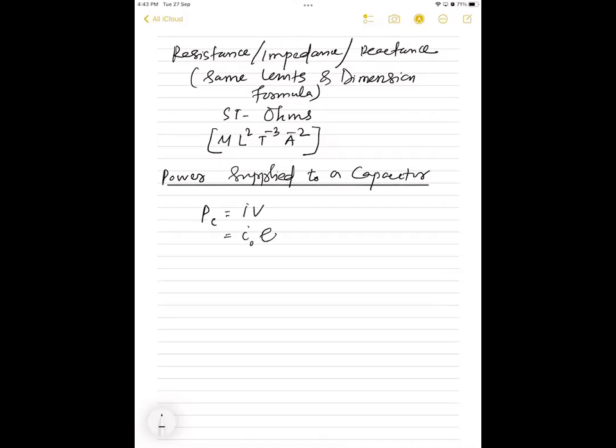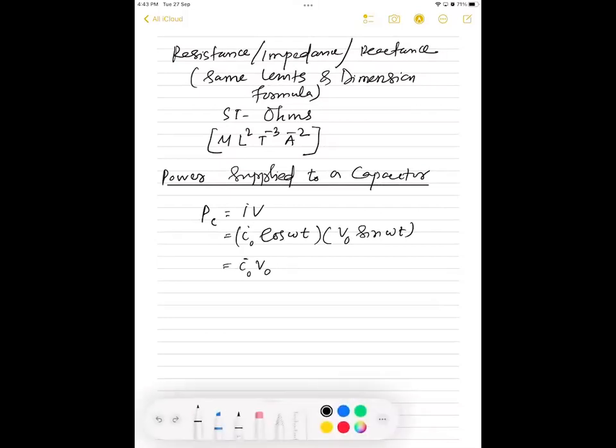I not cos omega t, right? V क्या है? V not sin omega t, है ना? अगर क्लास में ले आएंगे I not V not cos omega t into sin omega t लिख सकते हैं, yes or no?